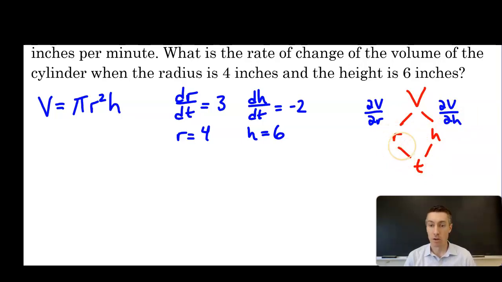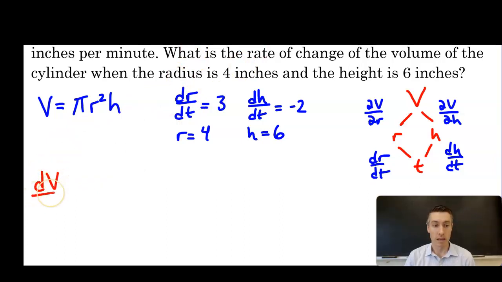And then going from r to t or h to t, there's only one branch, so that's a single variable derivative, so dr dt or dh dt. Okay, so we can differentiate or express dv dt. I'll go red, so dv, I want a different color.